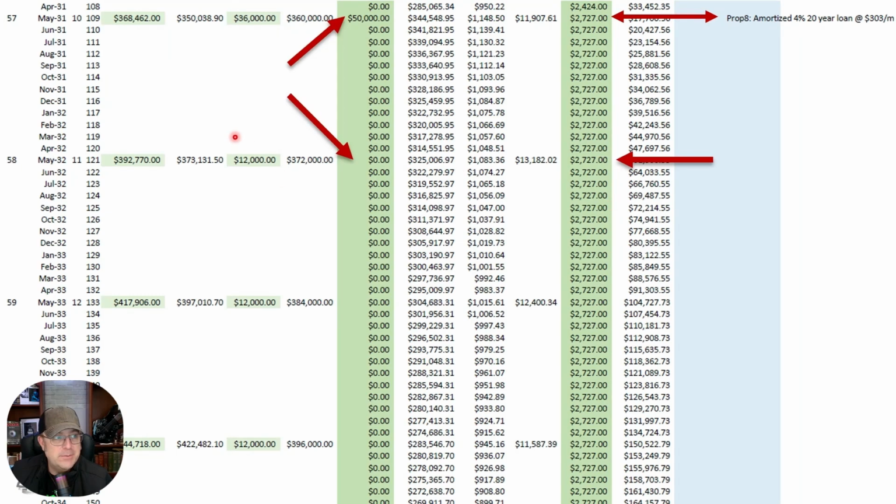You see premiums dropped $12,000 a year right here. We're not going to take any more loans, just to show what happens to the cash value growth. 8 properties at $303 a month is $2,727 a month that he is repaying back to himself. And every dollar paid back is there to be used again on something else. Plus, above and beyond that, you've got your cash value growth that was happening anyway.